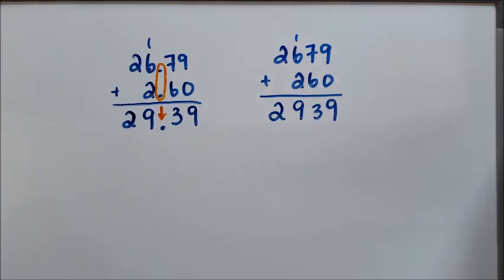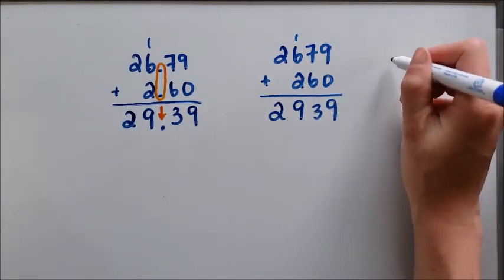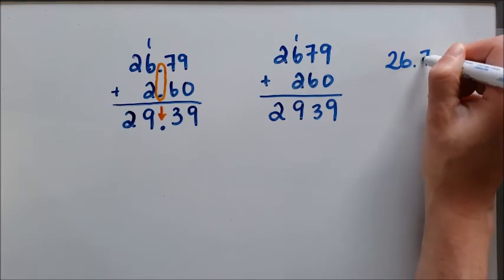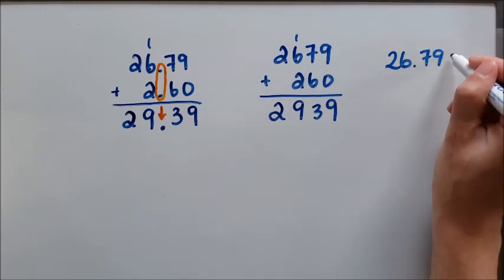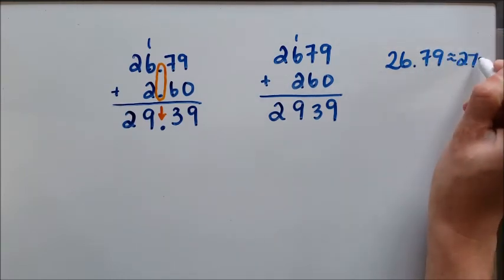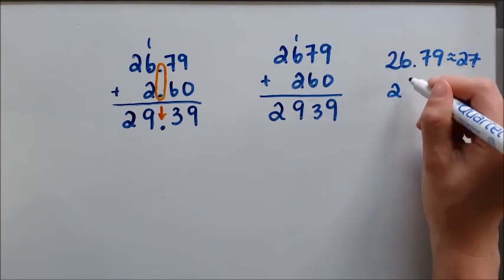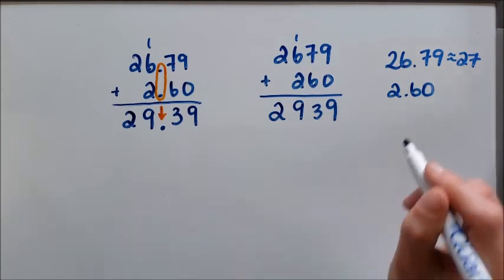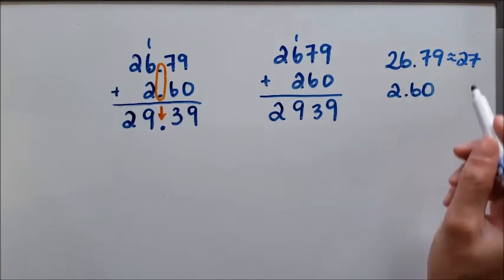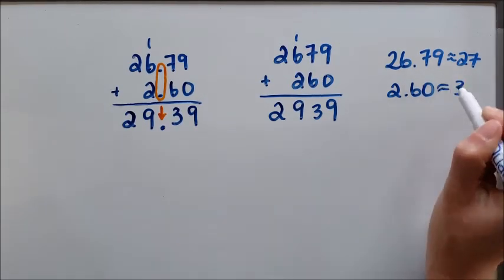And then what he does is he uses some estimation. He knows that he has 26.79, which is approximately 27, and $2.60 or 2.60, and that's approximately 3.